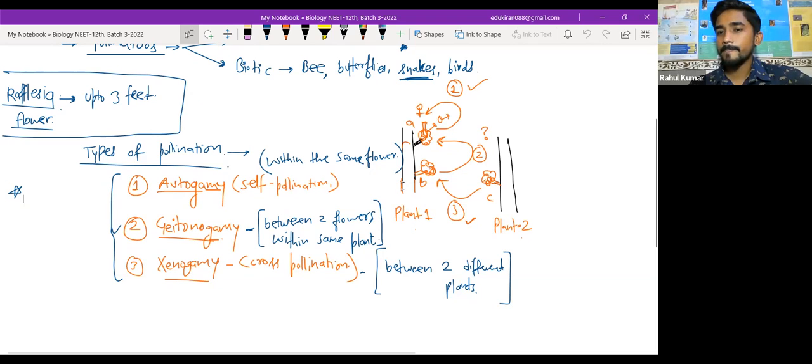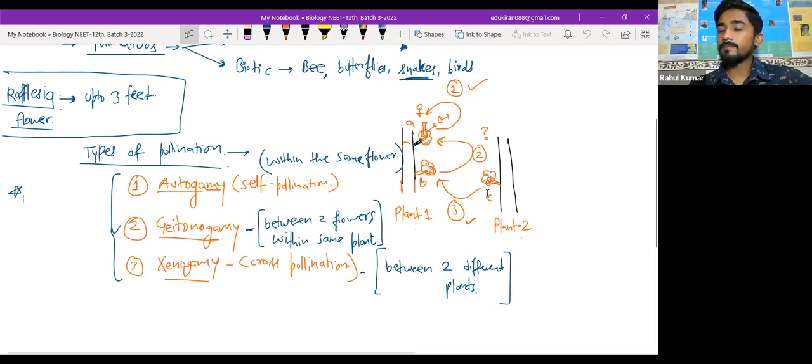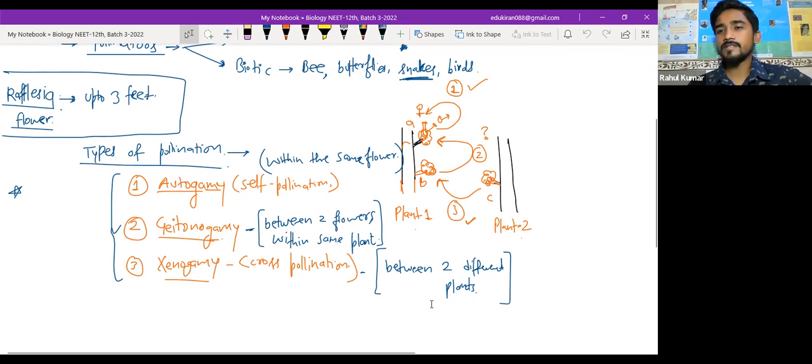But can a plant which is showing geitonogamy also show xenogamy? Yes, because all it is doing is transferring pollen to some other flower. Now that flower could be the flower of the same plant, or that flower could be the flower of some other nearby neighboring plant. Is it clear?